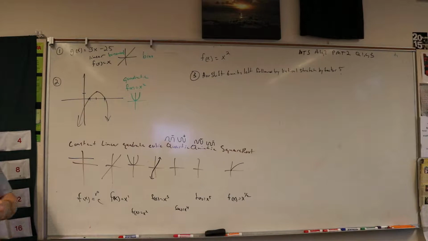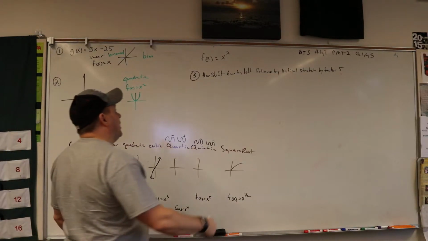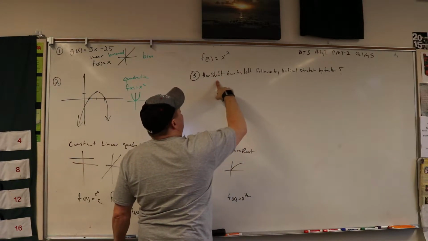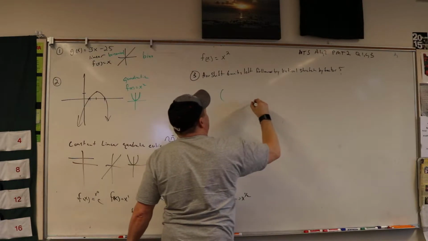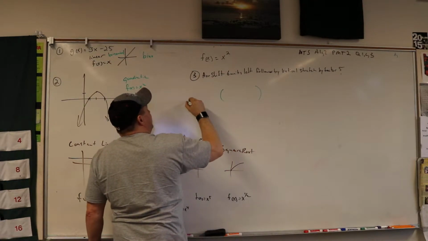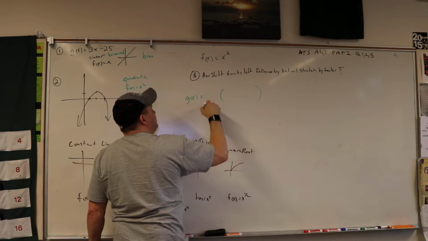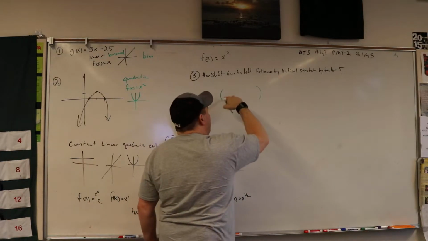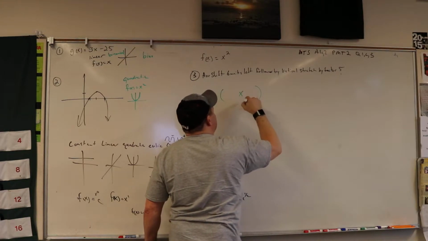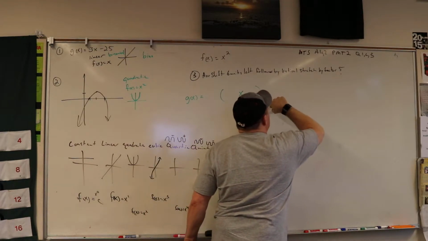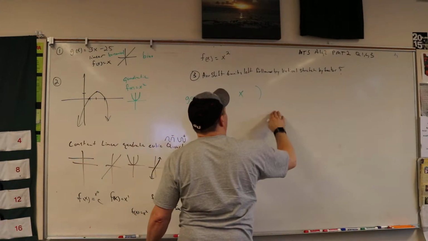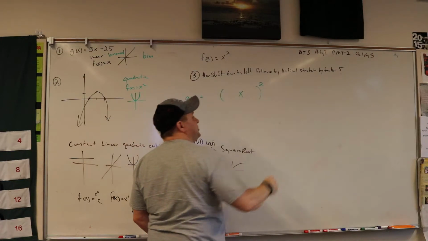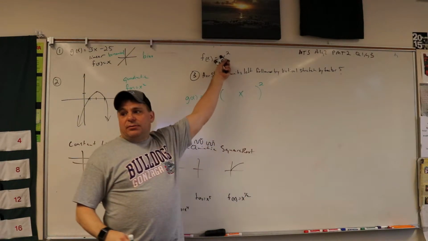For number 3. Remember, this was the one where we had to translate it into what's going on with the horizontal shift. We know that it's always g of x is equal to space, parentheses, space, x, space, parentheses, space, right? And then the number. Now in the parentheses you have that 2 from the square, right?